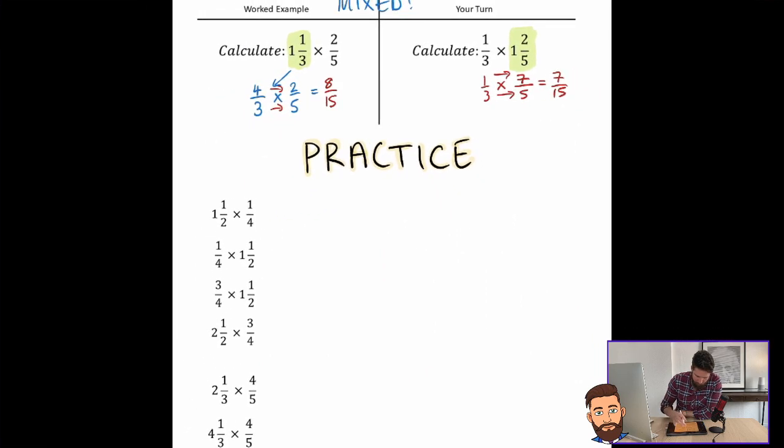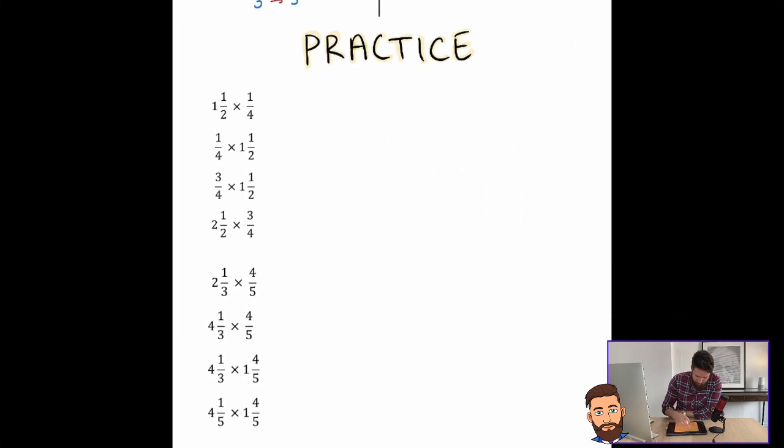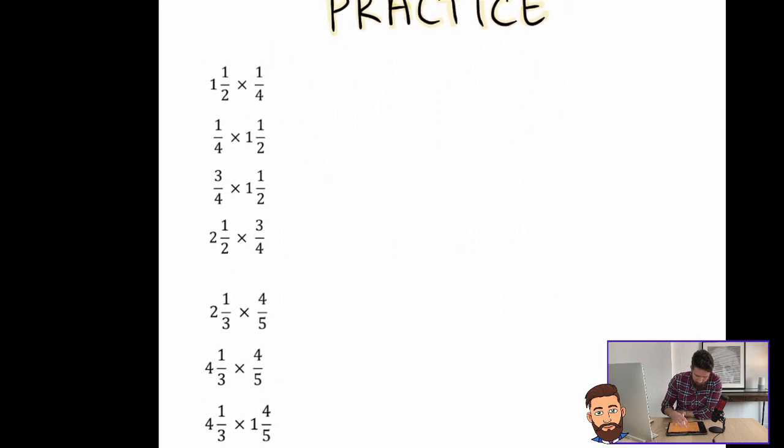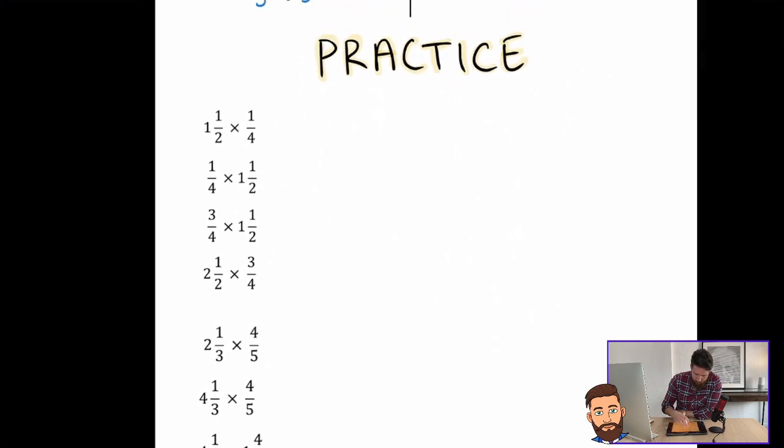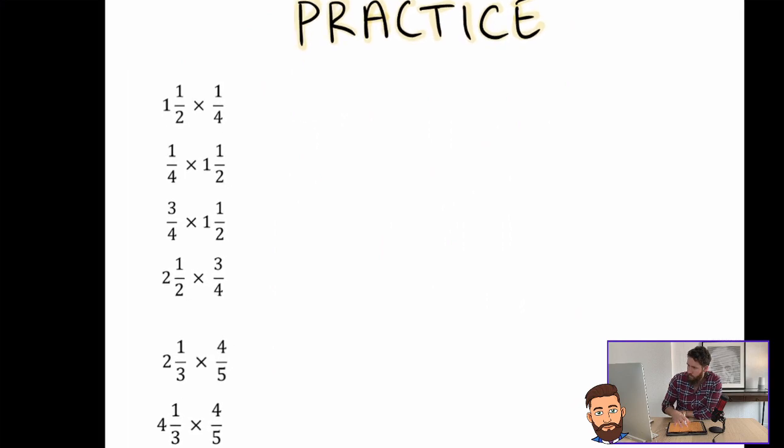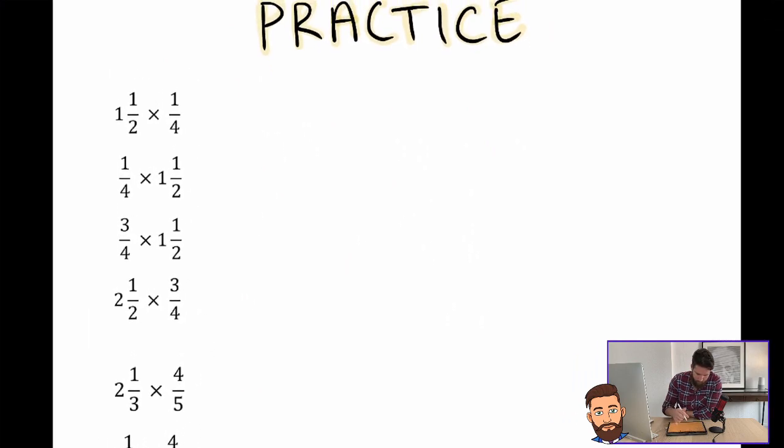So again, you have an opportunity now to work through these. Every time you see a mixed number, you're going to have to change it before you multiply using the multiply method.